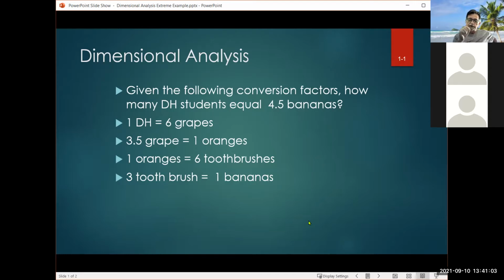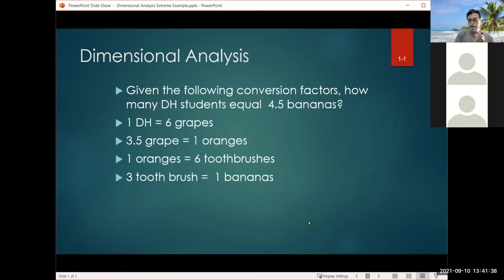The question is, given the following conversion factors, how many DH, dental hygiene students, equal 4.5 bananas? On the surface, you're like, this is crazy. How can you relate the two? That's the point. I'm trying to demonstrate how extreme a problem can be. Because when you get to chemical reactions, you're going to be like, whoa. But don't panic. You can still convert from one set to another with conversion factors.